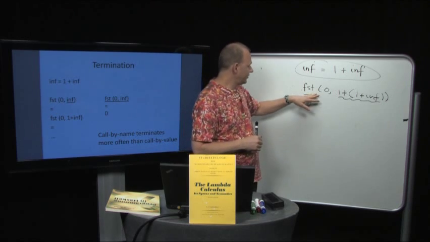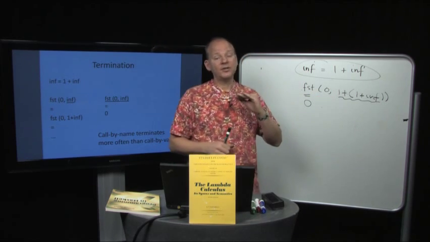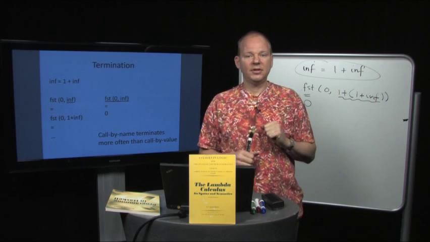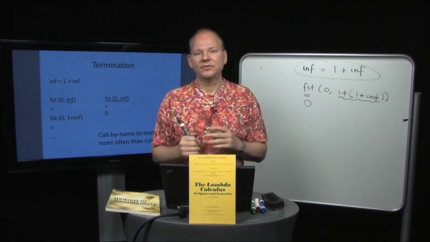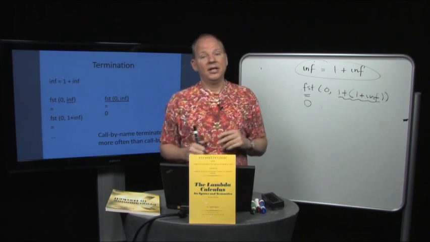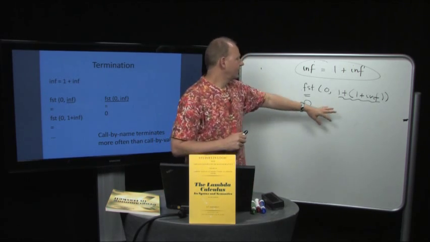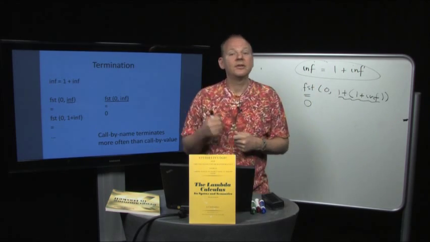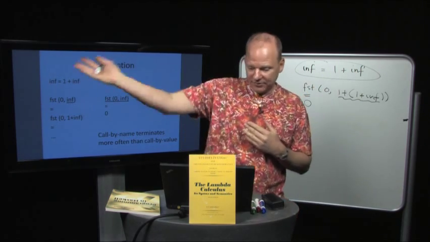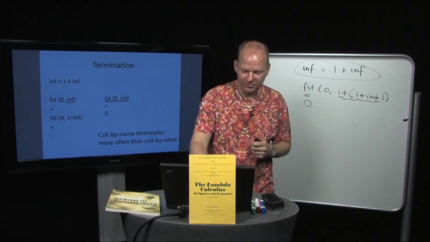Why is that? Because if the function does not use an argument, in call by name that argument will just vanish, won't even be evaluated ever. Whereas if you do call by value, that argument will be executed even though it's not needed, and that might run away. The recursion might run away.